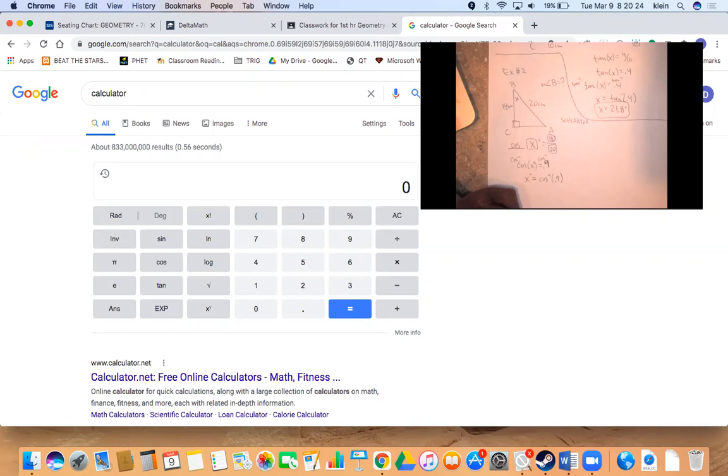Cosine inverse of 0.9. On here, you have to hit this inverse button. Actually, make sure you're on degree mode first. Click so that degree is darkened. Then inverse, cosine.